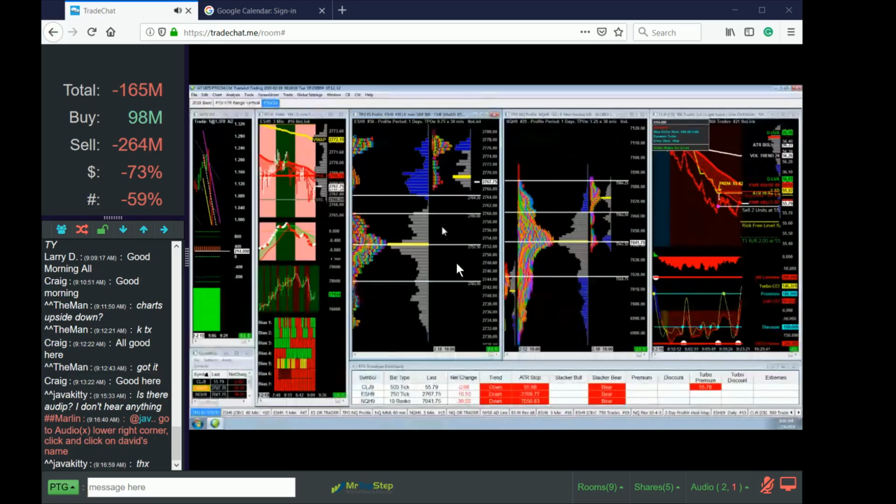I don't use it as predictions, but rather to understand where the past activity has been, and then we can make some potential inferences about where the market may go on any given day, or what the inflection points were in prior sessions.